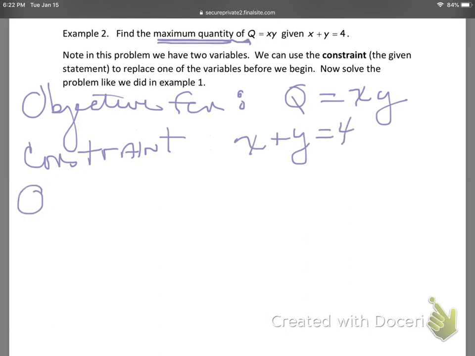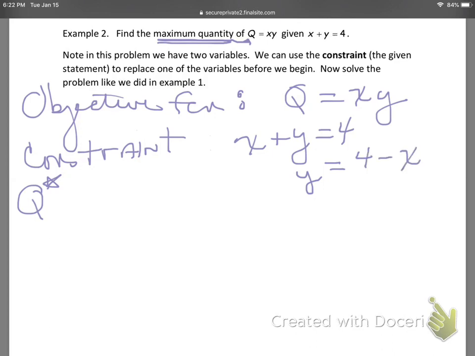I tend to do this little star so that I know that I'm adjusting the objective function. You can either switch out the x or the y. I'm going to switch out the y by saying y equals 4 minus x.